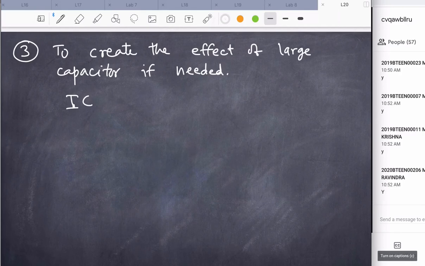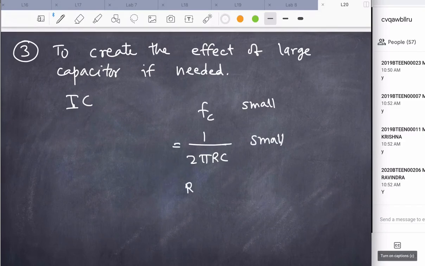Now, suppose the cutoff frequency is small, then 1 upon 2 pi RC will be small, it means RC will be large.